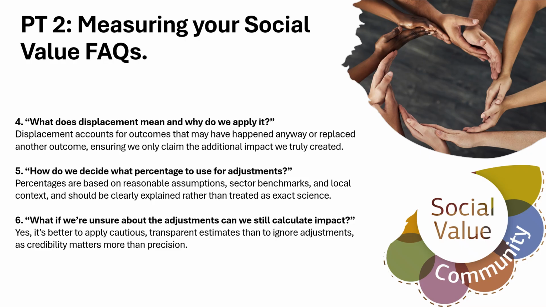What if we're unsure about the adjustments? Can we still calculate impact? Yes, it's better to apply cautious, transparent estimates than to ignore adjustments, as credibility matters more than precision. This is all about you demonstrating that you are delivering social impact and doing activities which contribute to that.